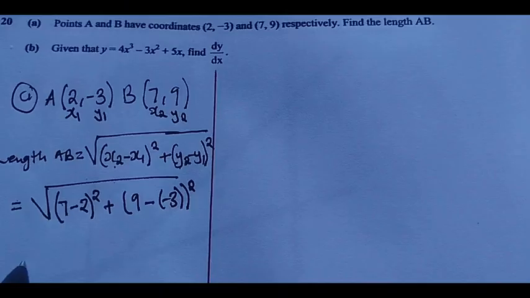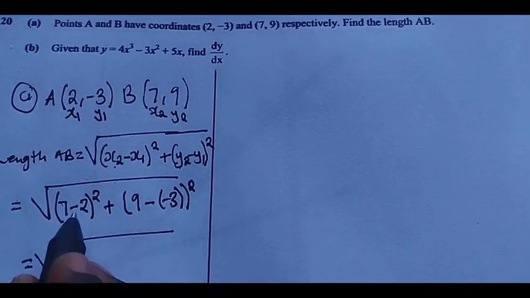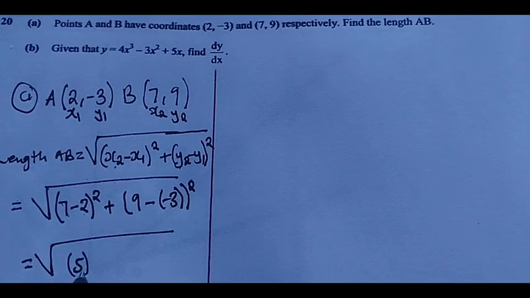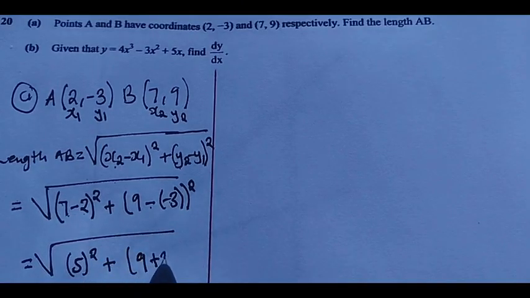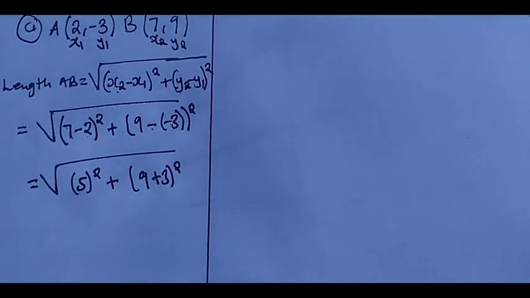So from here we're going to have something like this, where we say 7 minus 2, it's 5. So it's 5 squared plus 9, the negative is a +3 squared. All right, so I hope that we are moving together.